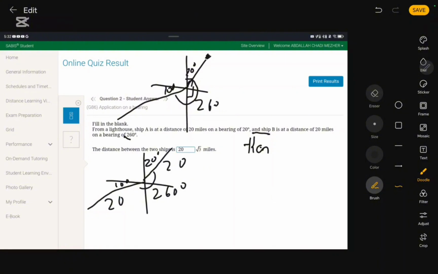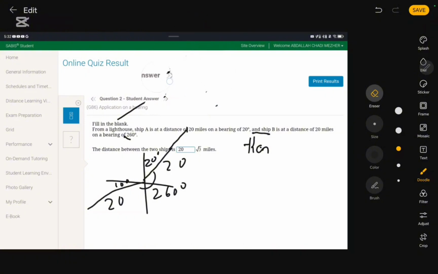Now to find the distance between them, we need to put a line connecting both of them. So let me finish erasing this. So we're gonna put a line like this. Now we know that 20 is right here and 10 is right here. To find this angle, you need to do 10, because it's this tiny part, plus 20, this tiny part, plus all of this right here.